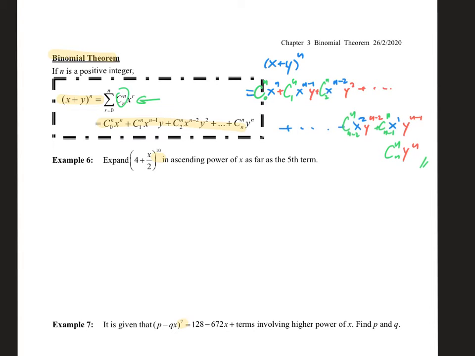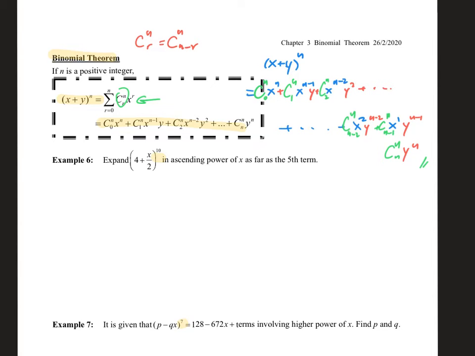The next remark I would like to mention here is, do you remember that we proved an identity before called nCr is equal to nC(n minus r)? So indeed, it's telling you that nCr itself is symmetric. So what do I mean?